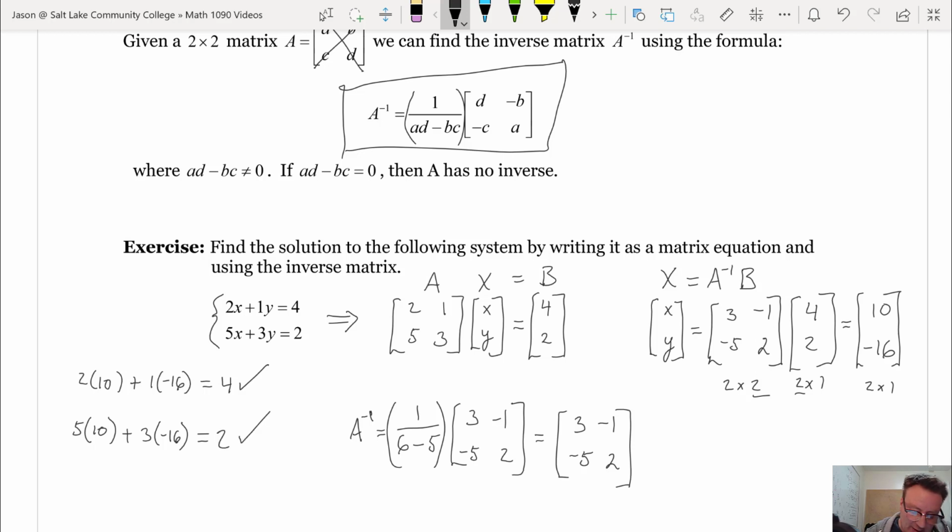And yeah, that checks out as well. Okay, so we're certain we found the correct solution to the system now. The answer is, if I put it in set notation, the coordinate pair 10, negative 16.